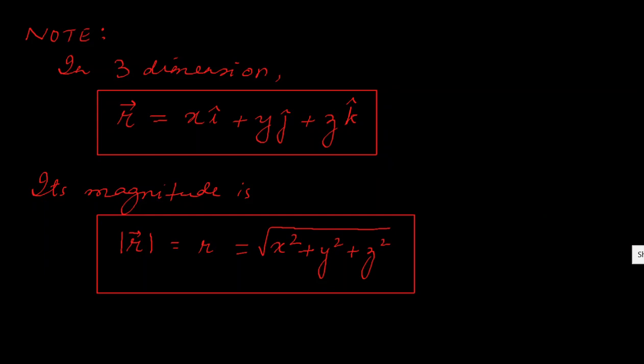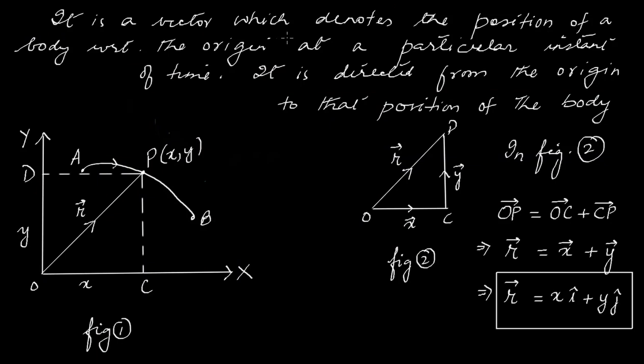So let us see once again, what is a position vector? What does it determine? It is a vector which denotes the position of a body with respect to the origin at a particular instant of time. It is directed from the origin to that position of the body. Okay, and how is it represented? It is represented by this in 2 dimension on the XY plane.